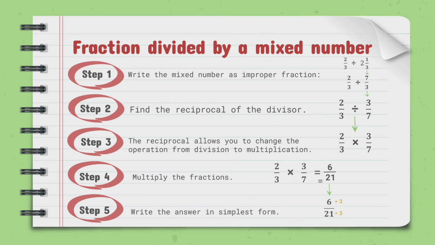So 6 divided by 3 equals 2. And then 21 divided by 3, what's the answer, guys? The answer is 7. So our final answer, or the simplest form of the answer, is 2 over 7.